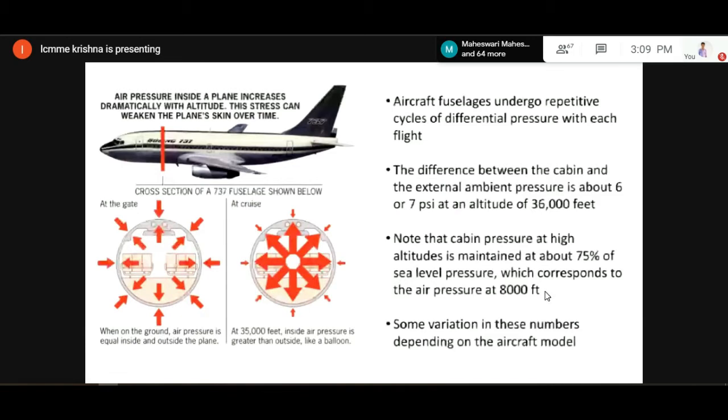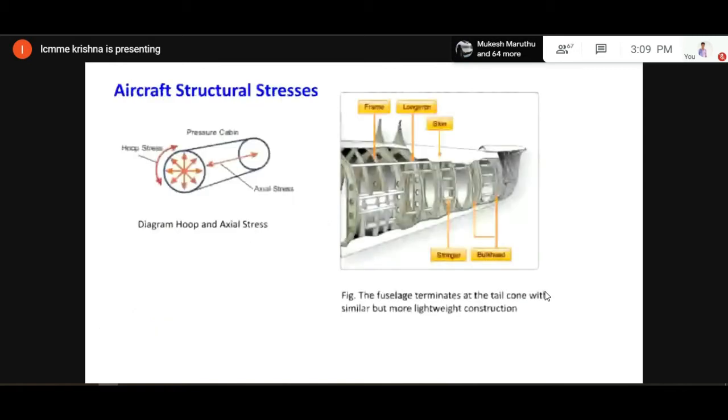There is some variation of these numbers depending upon the aircraft model, and the construction details we'll see in the next slide, about how the fuselage is maintained with this highly pressurized cabin at a higher altitude.